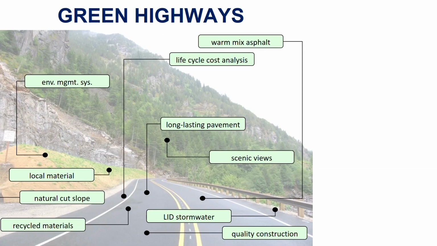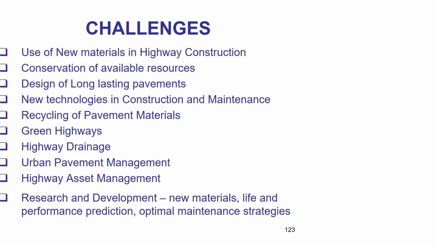So what you have learned is that we need green highways, as materials are not available. It's time that you talk about new materials in design and construction, how to conserve the materials by reducing, reusing and recycling them, how to design long-lasting pavements, new technologies in construction like precast construction, recycling the materials, constructing green highways, improving the drainage of the facilities, urban pavement management, and how to manage the road asset is something that you have to face in the years to come.